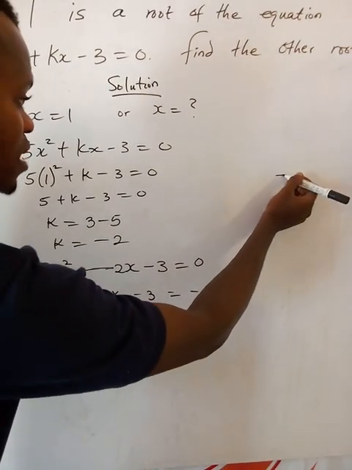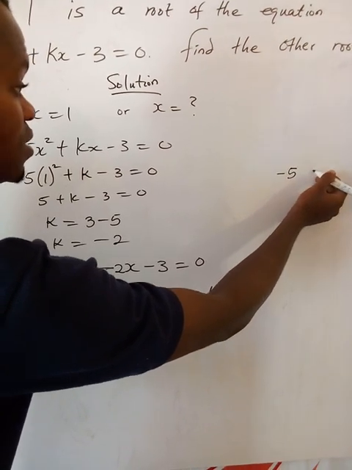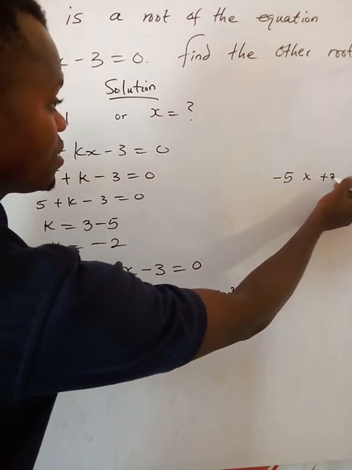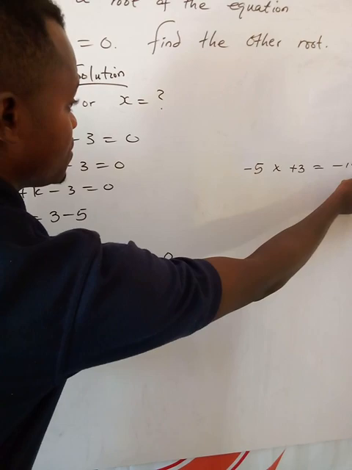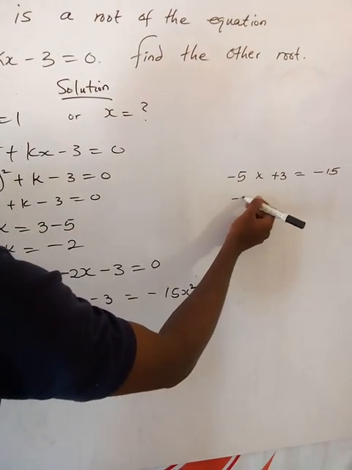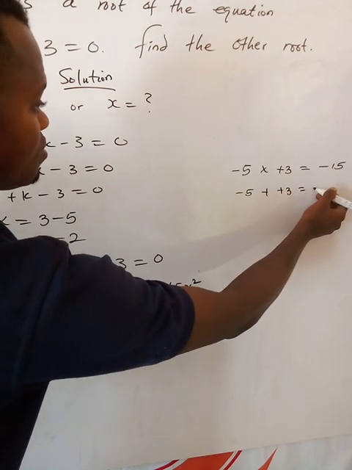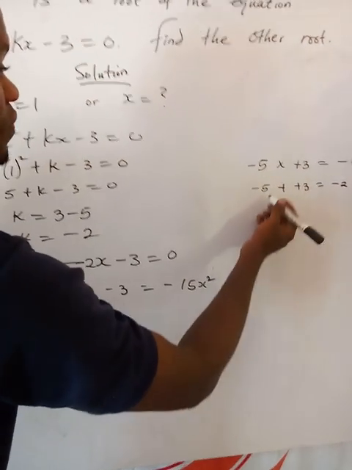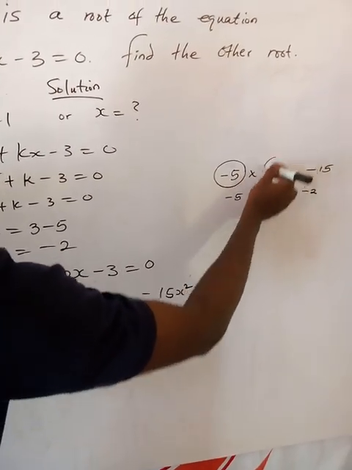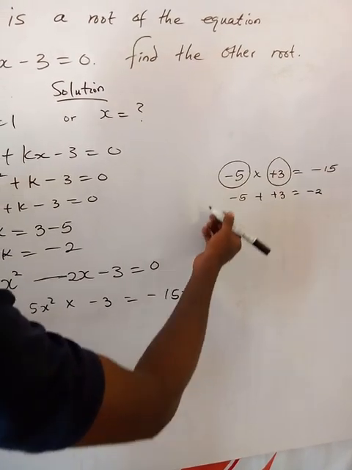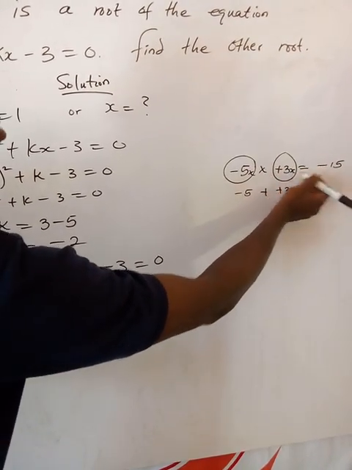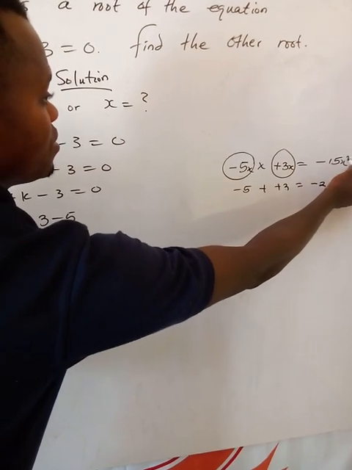We know that minus 5 times plus 3 will give us minus 15, and minus 5 plus 3 will give us minus 2. So the factors we are looking for are minus 5 and plus 3.